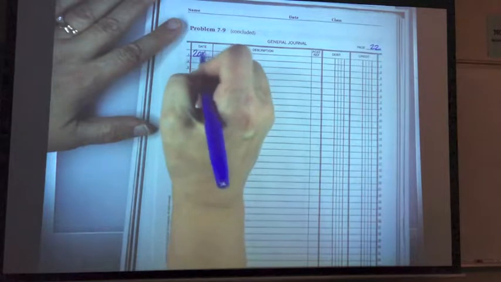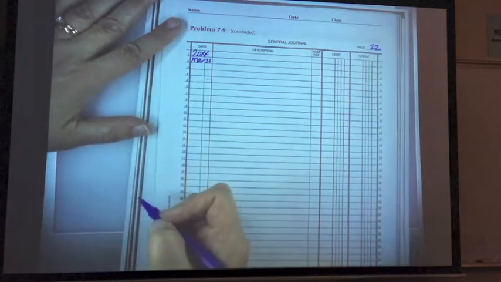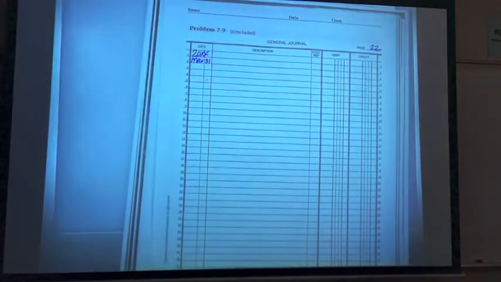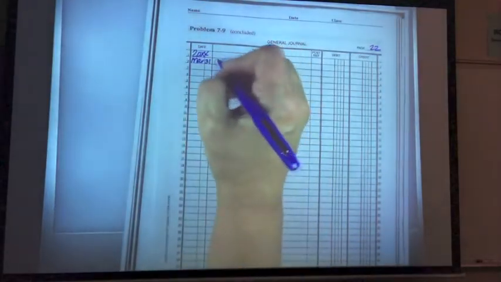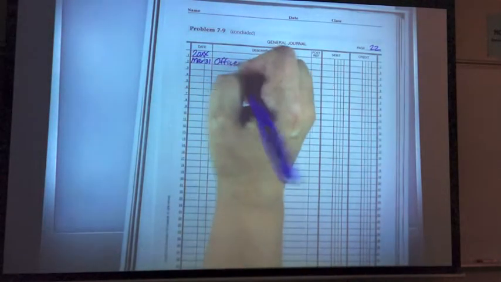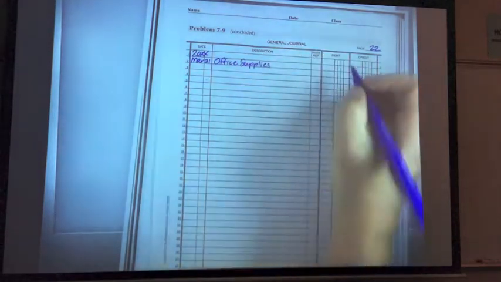Start for the year. We found the error on March 31st, and I'm going to start with my account that should have been debited. Office supplies, $125.